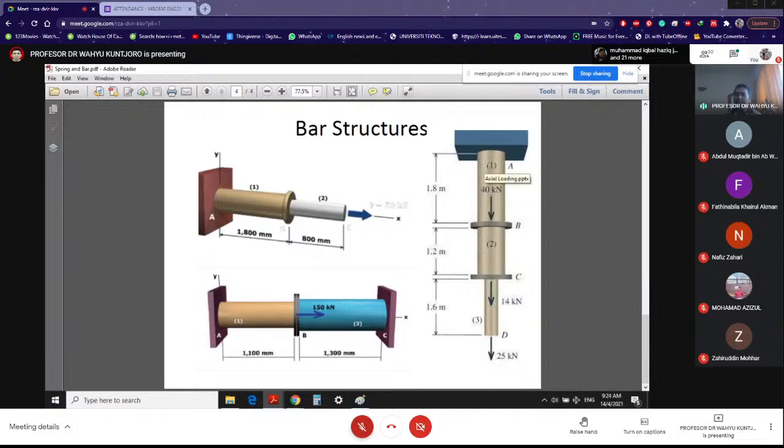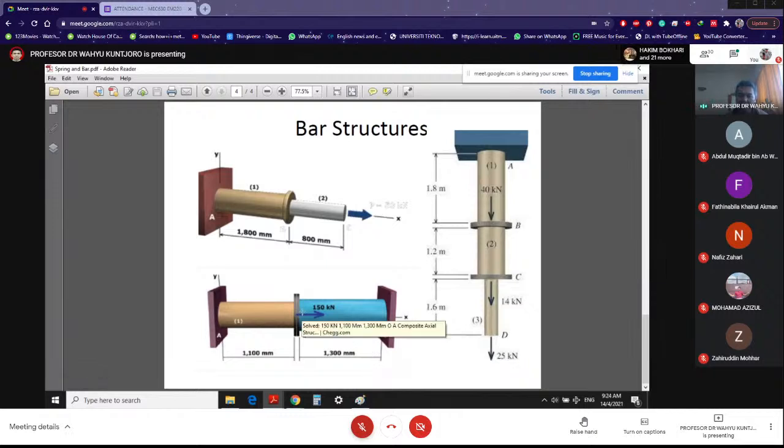So what does it mean? It means that everything on this bar structure must be in the same axis. No more, no less. And then we call this axial structure because the structure and the load, they are in the same axis. And if you observe this structure on the left and also the structure at the bottom here, again the same.